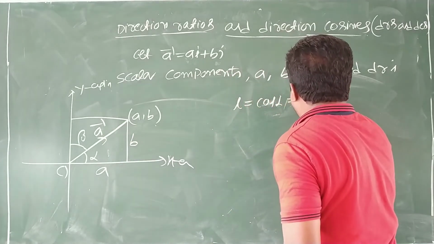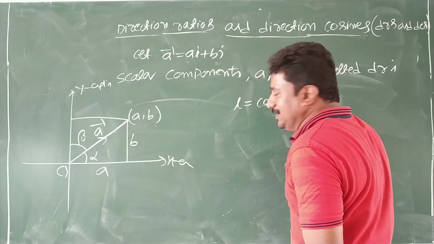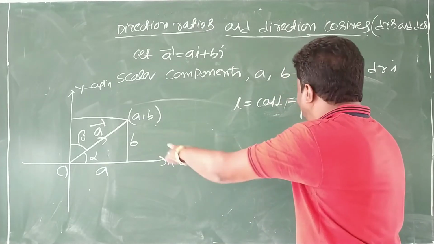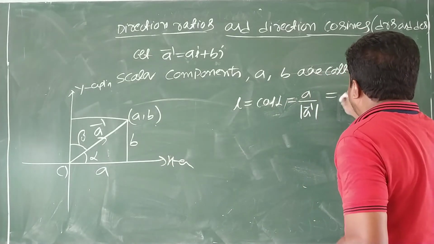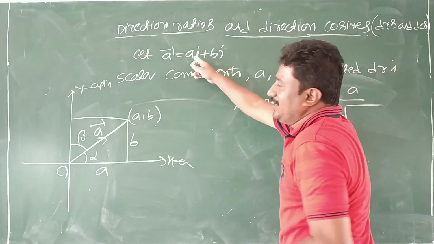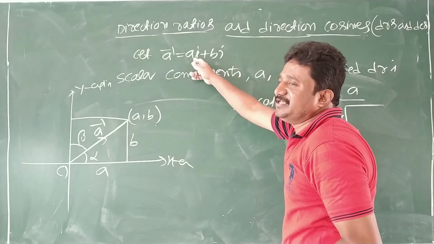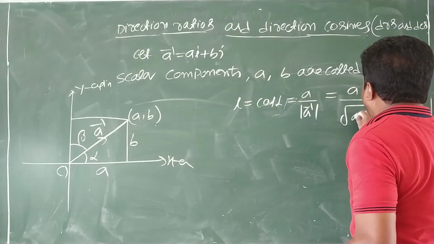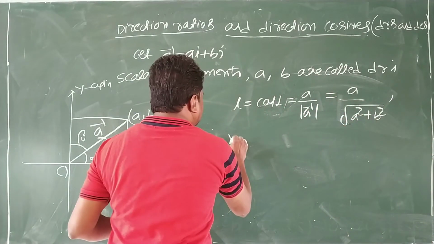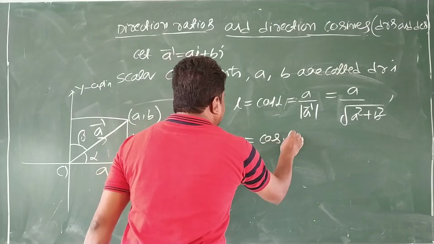That is a by the length of the vector A, correct? a by the length of the vector A. Tell me the length of the vector A. Root of a square plus b square.